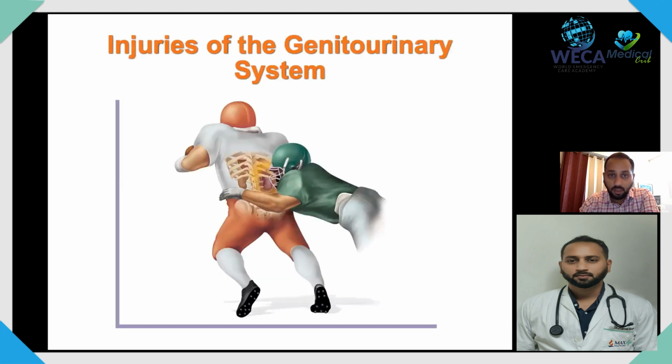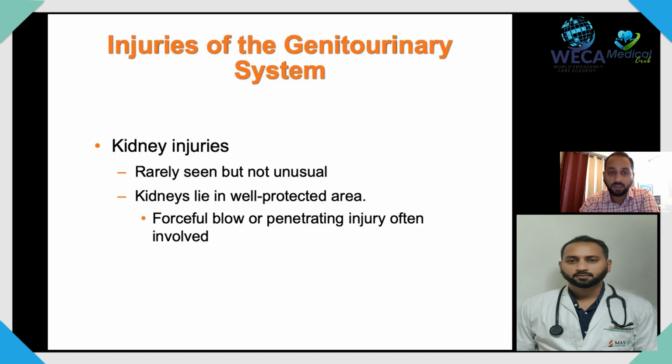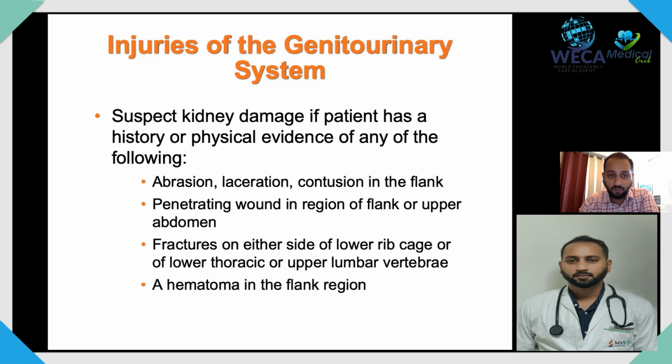Now coming to the kidney, the genitourinary system, we'll speak just about the kidneys here. Kidney injuries are rarely seen but are not very unusual. They lie in a well-protected area, in the retroperitoneum. With any forceful blows, as we saw in the previous slide, or any penetrating injury, we can have the kidneys involved.